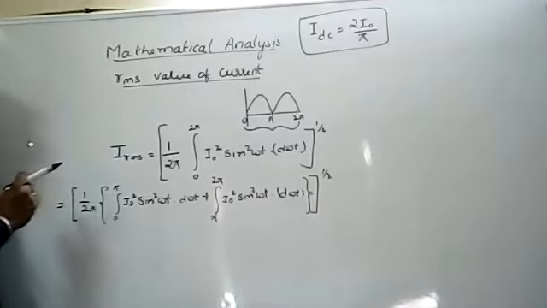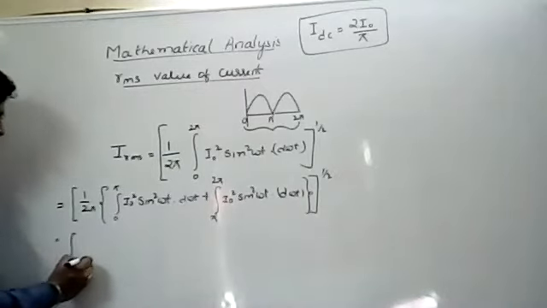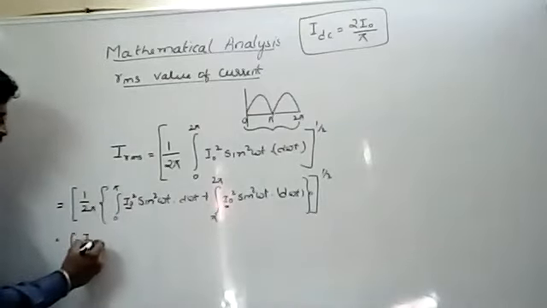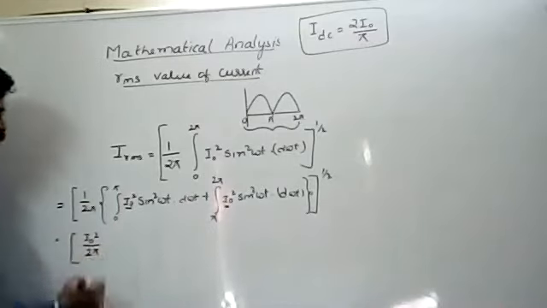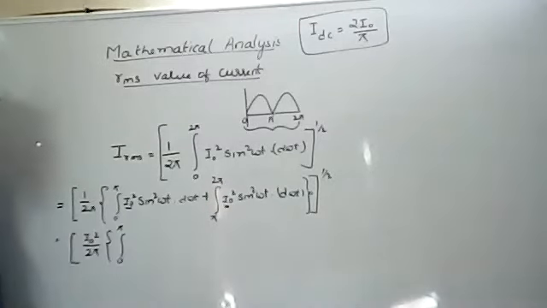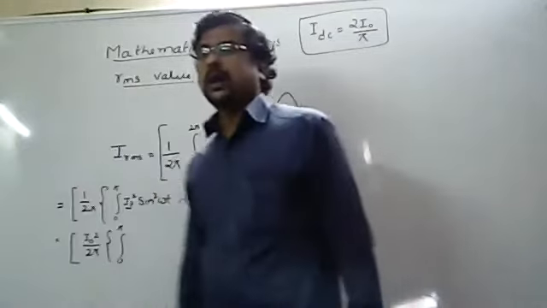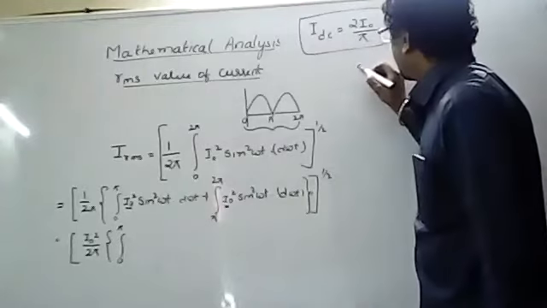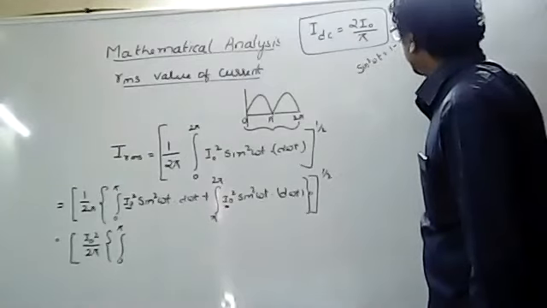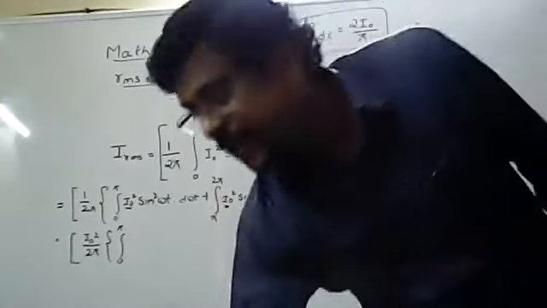From 0 to pi I am doing, again from pi to 2 pi I am doing. I naught square is common in both the cases, so take I naught square by 2 pi outside. In the last derivation of the half wave rectifier, I have shown that sine square omega t can be written as 1 minus cos 2 omega t by 2.